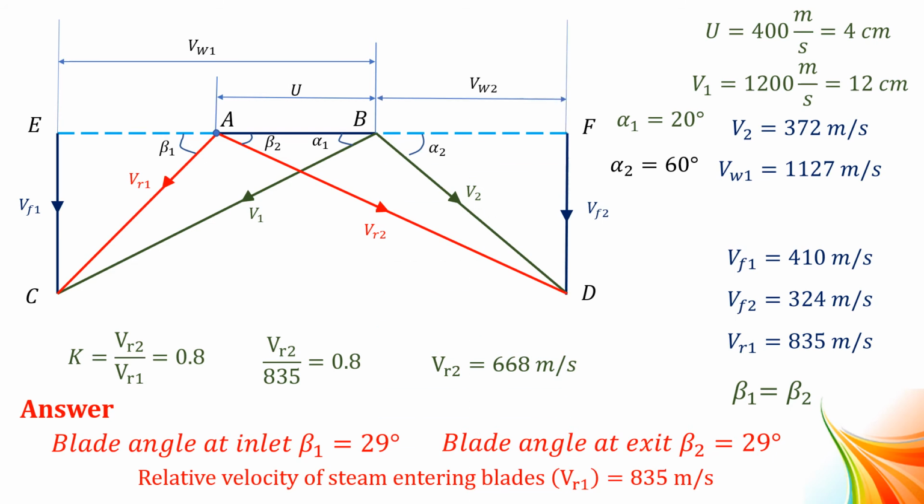The line BF is showing the whirl velocity at exit, Vw2. By measuring the length of Vw2, which is 1.84 centimeter, according to the scale, it is 184 meters per second.